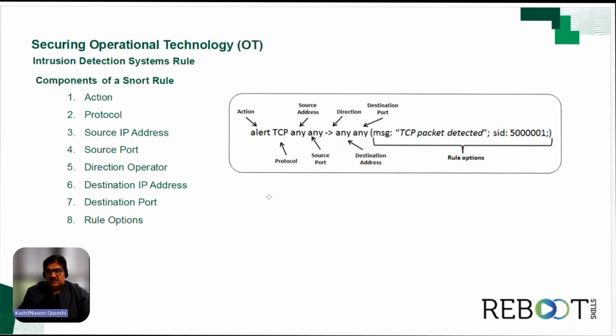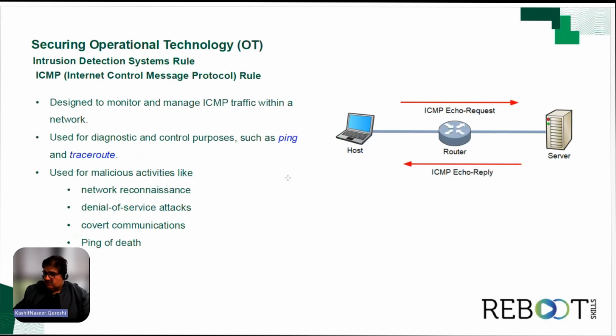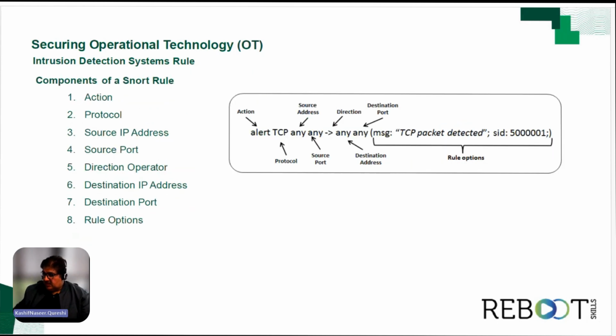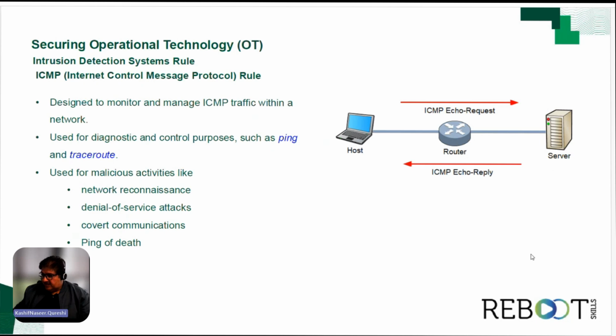In this case our message is TCP packet detected. We are using common options here, like message, content, flags, and thresholds. Let me explain in more detail in the next slide, where you can understand the main purpose of all these sections.